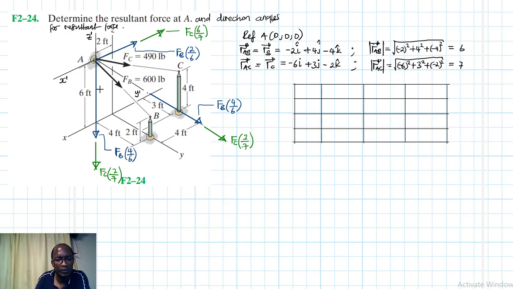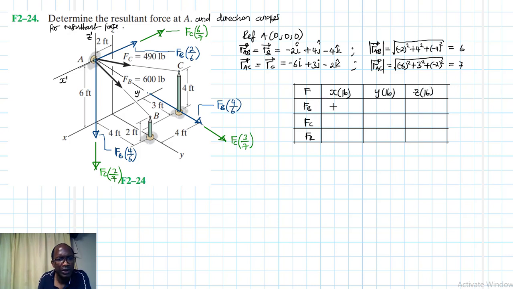Great. So we have F, we have FB, we have FC, we have the resultant, we have the X components, with units of pound, y component, and finally z component.